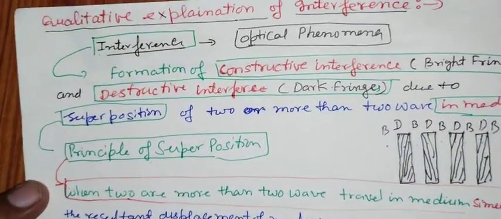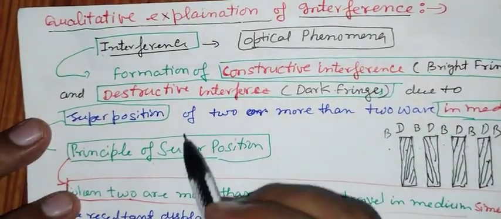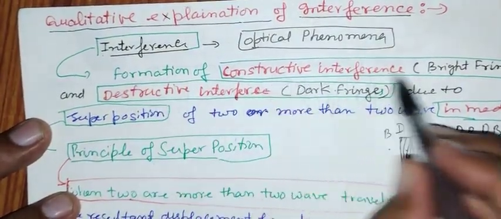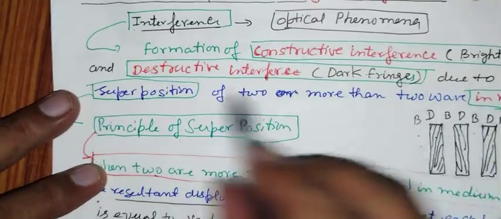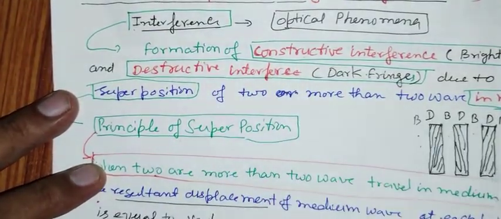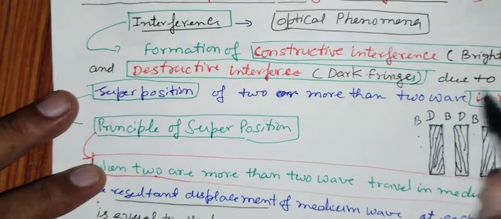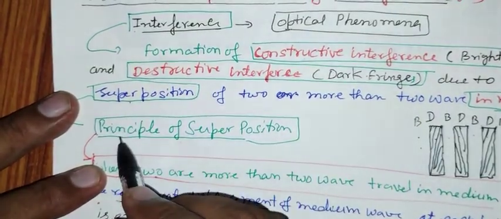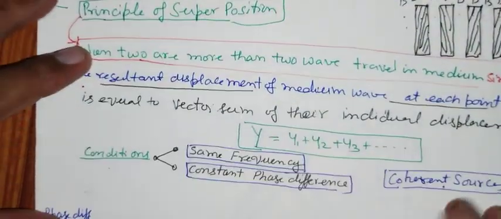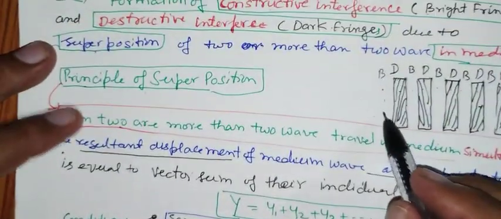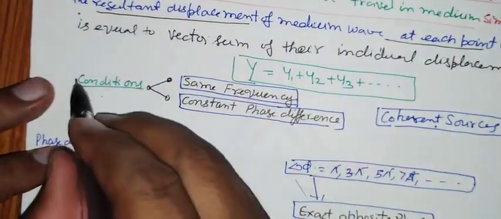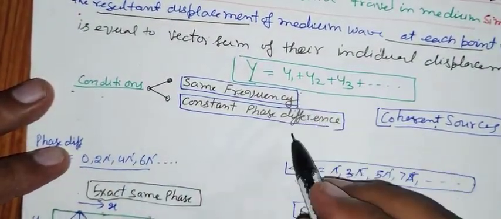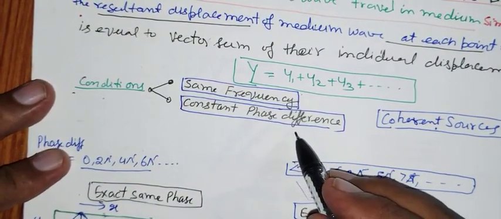That is the formation of constructive interference, the bright fringe, and destructive interference, the dark fringe, due to the principle of superposition of two or more waves in the medium. For this interference pattern, there are conditions: same frequency and constant phase difference.